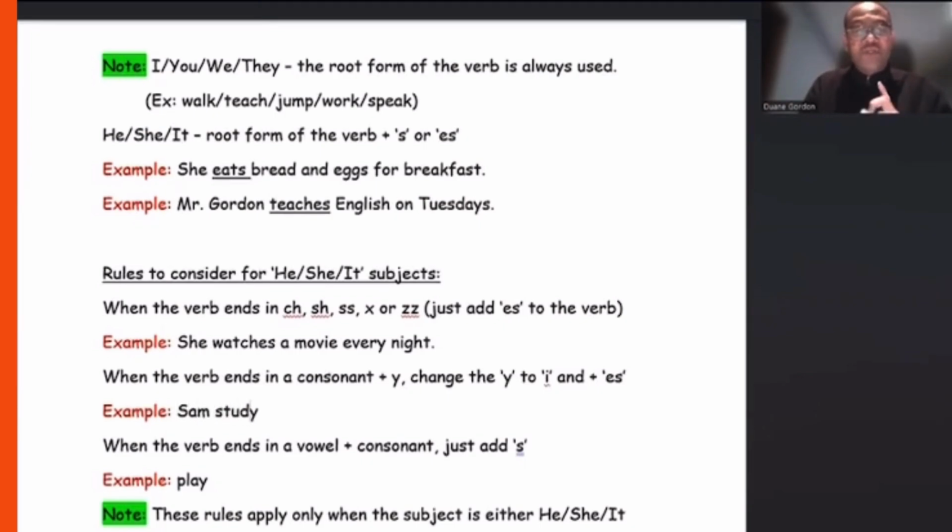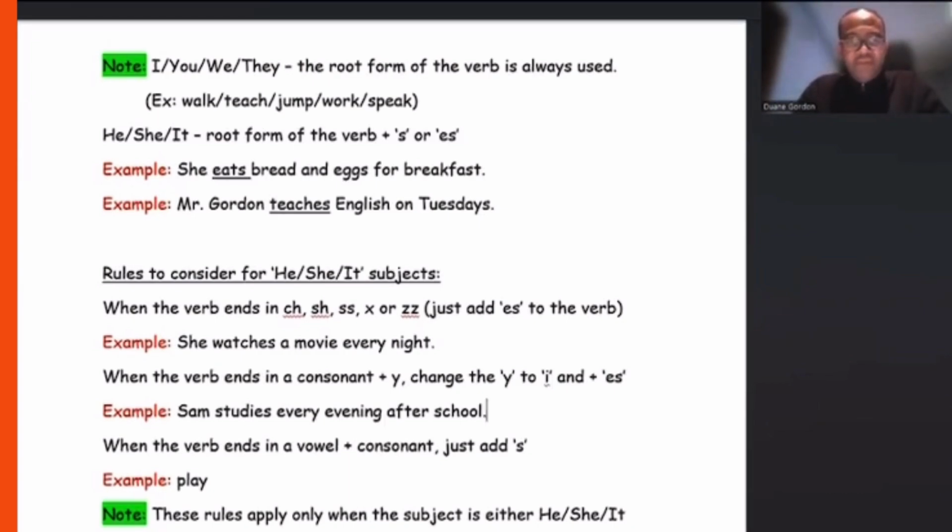Sam studies. Studies becomes, change the y to i, and then we add es. Sam studies every evening after school. Sam studies every evening after school.